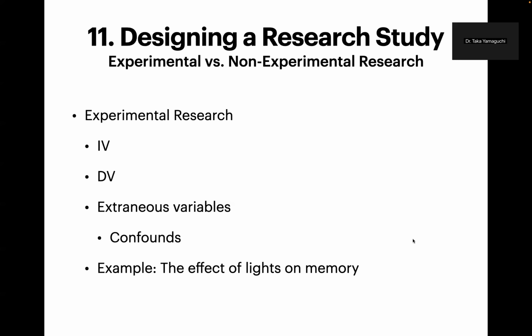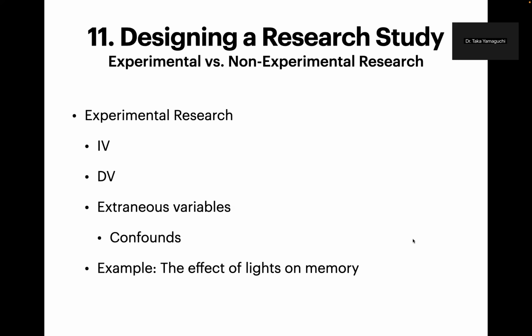experimental study, the independent variable is the brightness of the room with the light bulb. And there are two conditions or two levels of this independent variable. One is bright and the other is dim. Now, please note that in this example, we only have a single independent variable, the brightness level, with two levels, bright and dim.